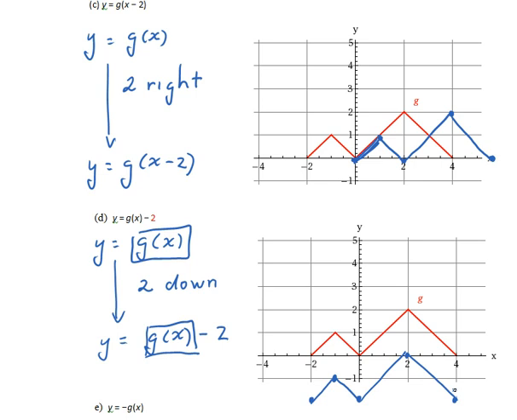The resulting blue graph is the graph of y equals g of x, all minus 2. So we've gone down 2 with all of the y values. Subtracted 2 from each y value.